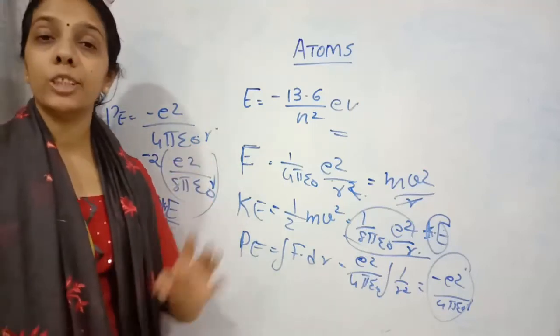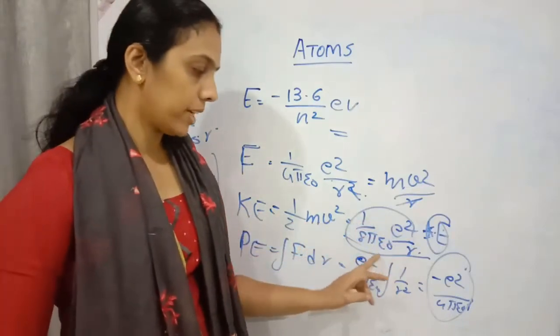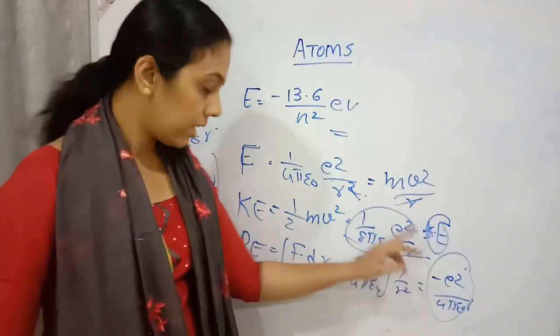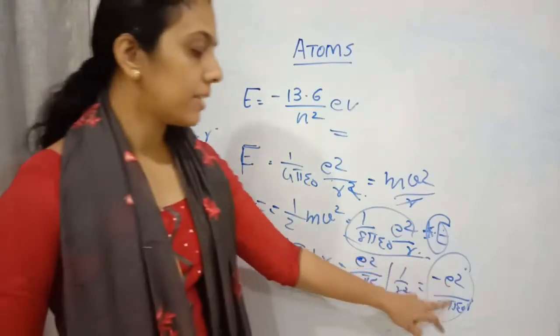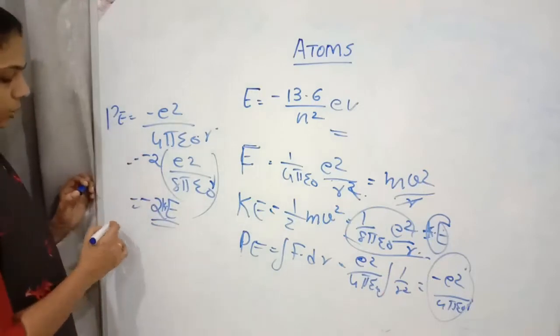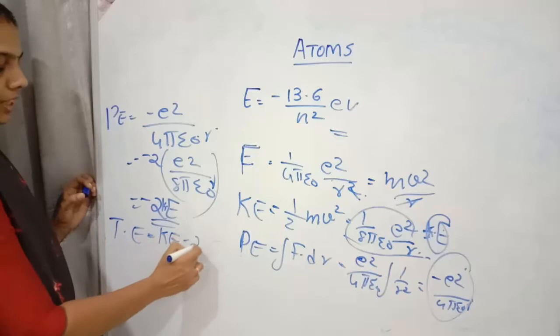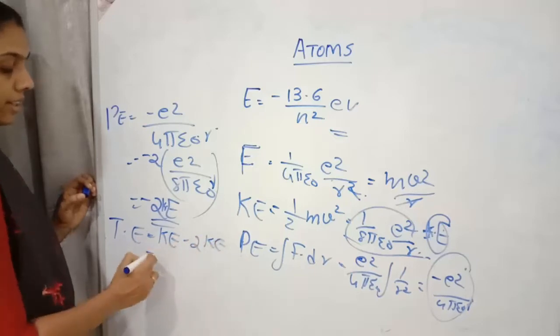What is the energy of that electron? The kinetic energy is e square divided by 8 pi epsilon 0 r. The potential energy equals minus e square divided by 4 pi epsilon 0 r. So the total energy will be equal to kinetic energy plus potential energy.